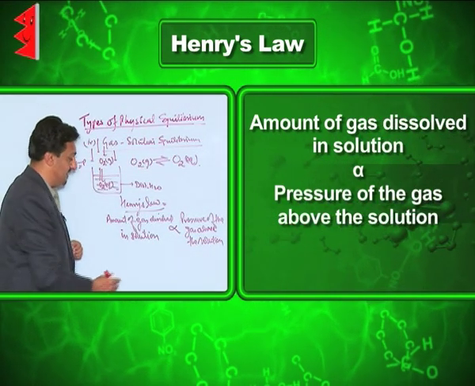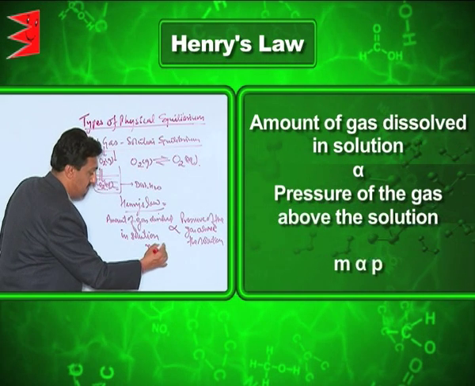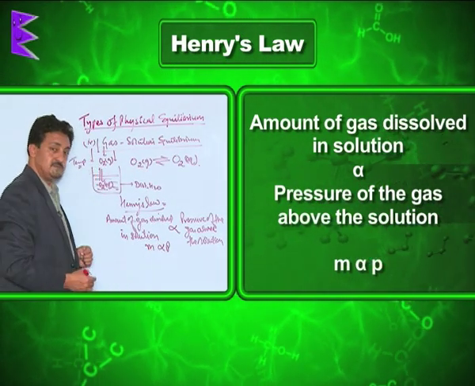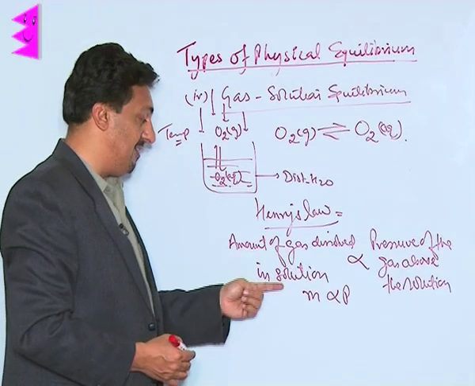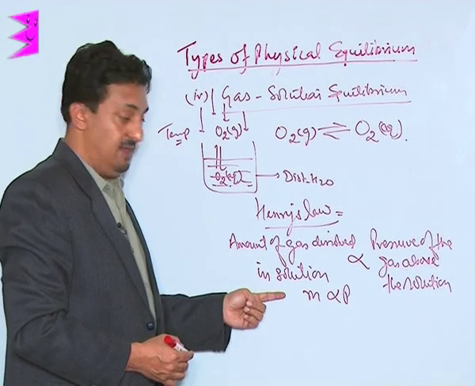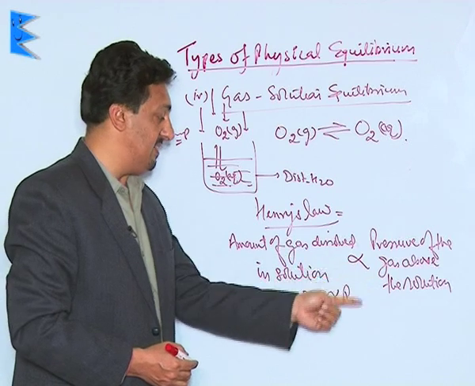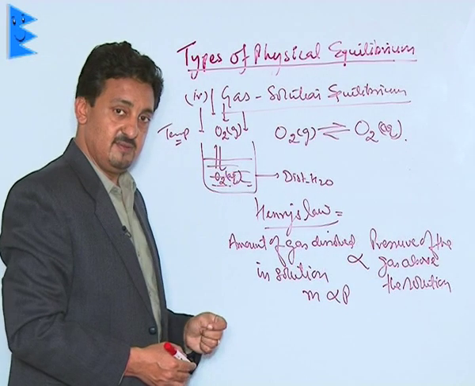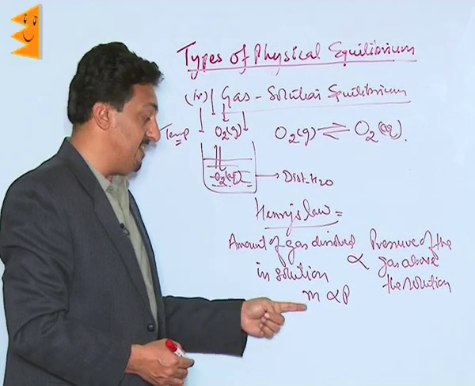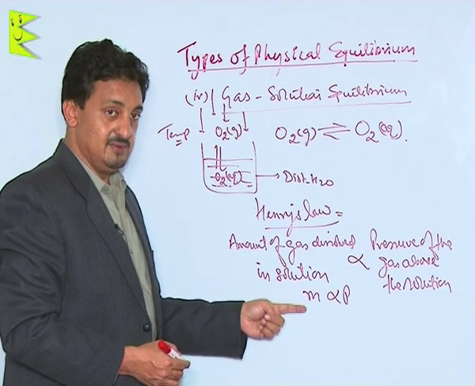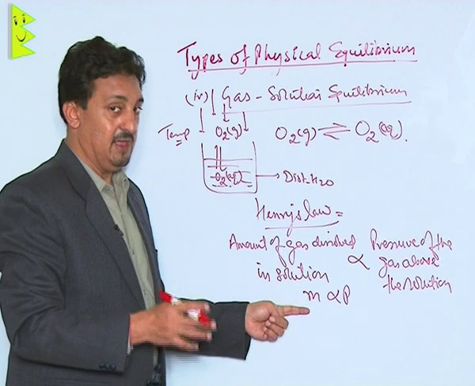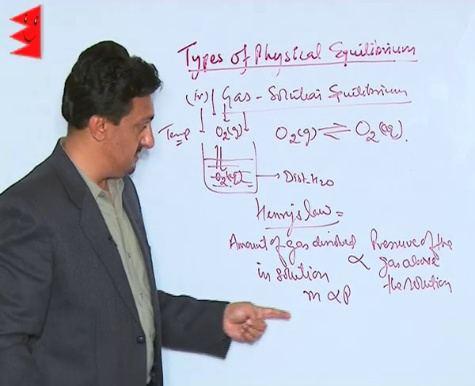This can be represented by M proportional to P, where M is the amount of the gas dissolved in solution and P is the pressure of the gas above the solution. Remember, I am not expressing the units in which this M is represented. It's just the amount, not represented in any particular unit.